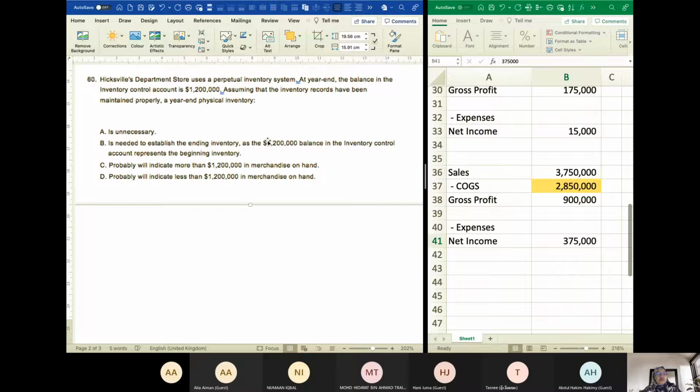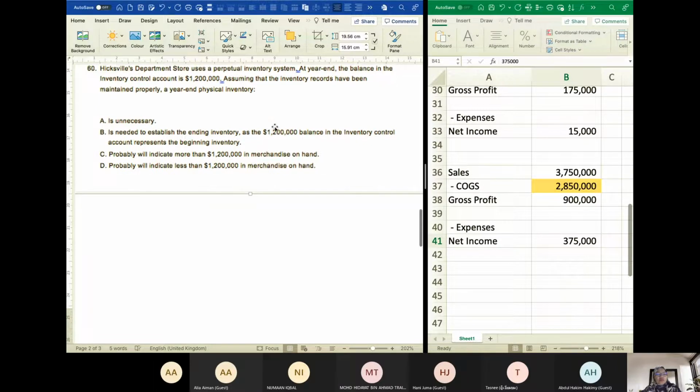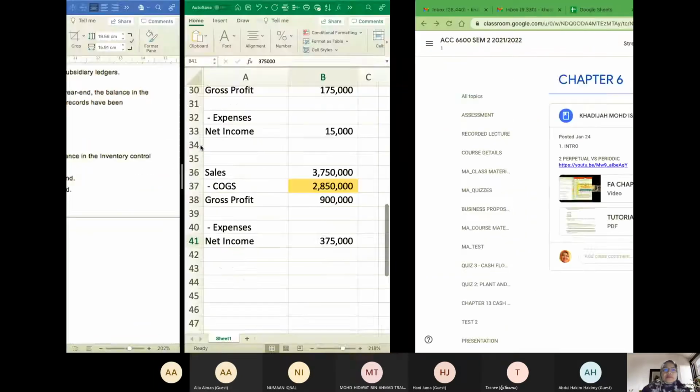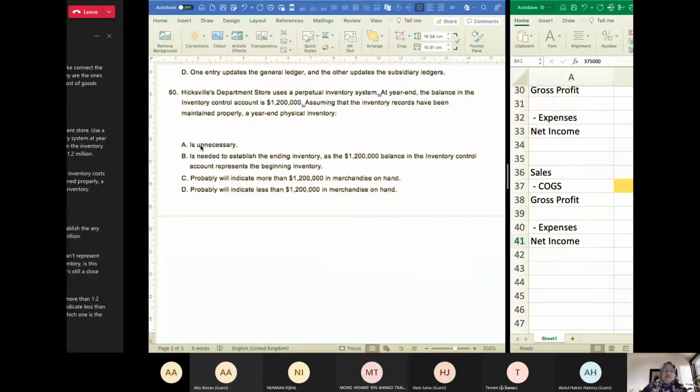C, the inventory control represents the beginning inventory. Is this beginning? No, it's still a closing inventory. D, will probably indicate less than 1.2 million. So which one is the correct answer? Anyone?